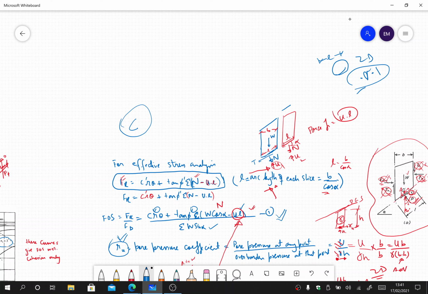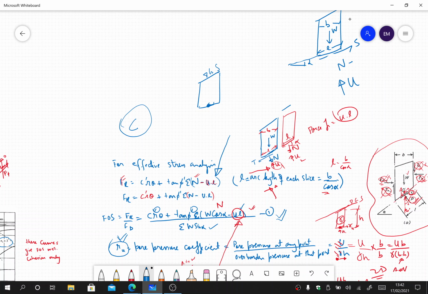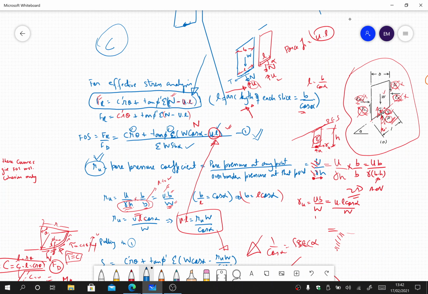The pore pressure coefficient is equal to the pore pressure at any point divided by the overburden pressure at that point, that is, U over gamma into H. So if this is the slice we are talking about, and I am interested in this point, this is the ground surface. From the ground to this point is a distance h.